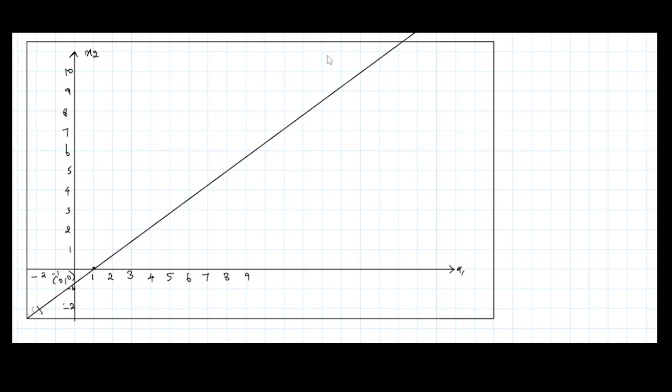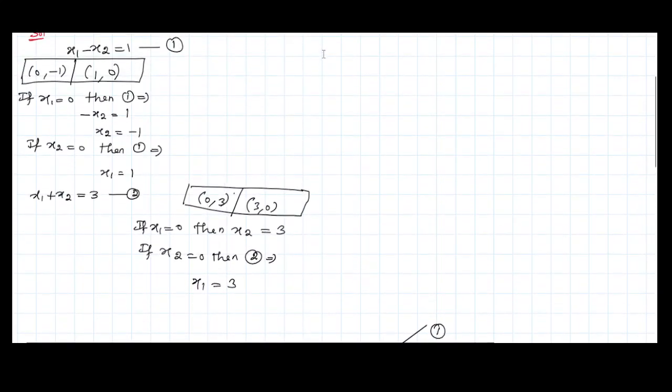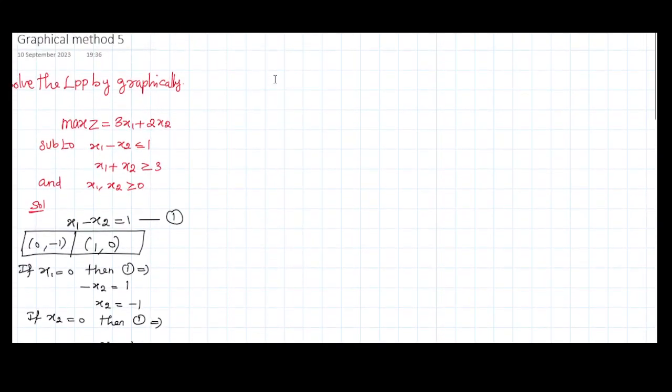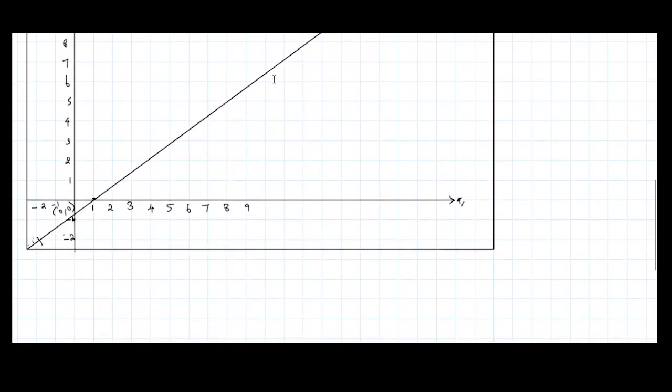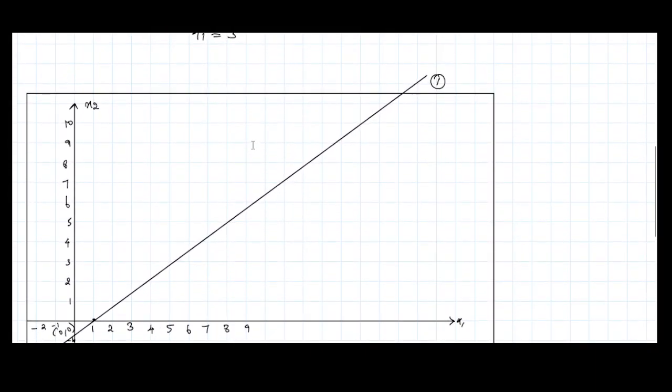This is equation number 1 here, which is given as less than or equal to. So we need to cover the region which covers 0, 0. Here 0.